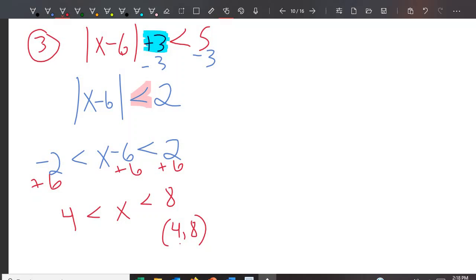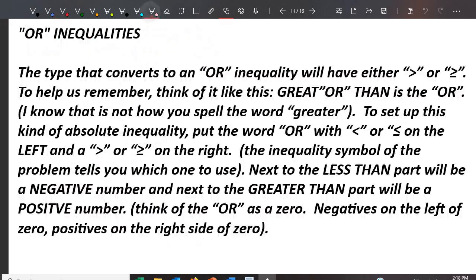Okay, so that's the less than. Let's talk about the or inequality. Now, the or inequalities will have the greater than symbol. This is how I remember it: if you say the word greater than a certain way, it sounds like you're saying great-or than, the great-or than symbol.